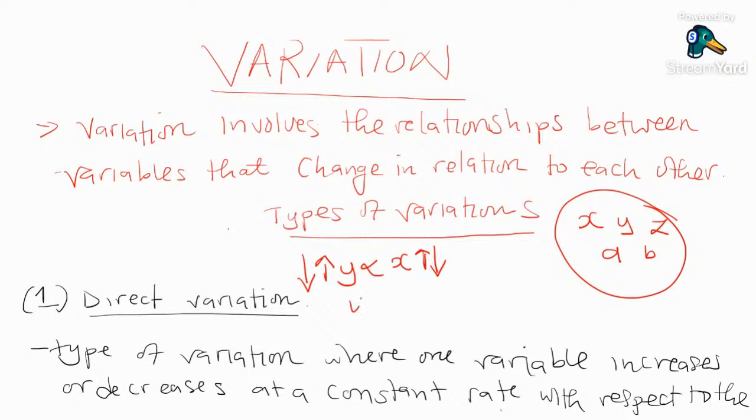So in terms of the formula, we can say y varies directly as x, but of course in front there's always a k, which is called the constant of variation.